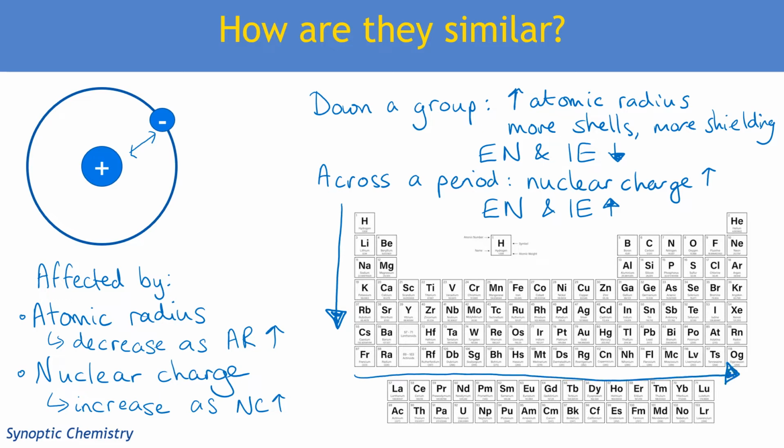Now this also fits in with our real basic GCSE science ideas that as you go from left to right, things go from metals to non-metals, and non-metals are more likely to gain electrons, and metals are more likely to lose electrons.